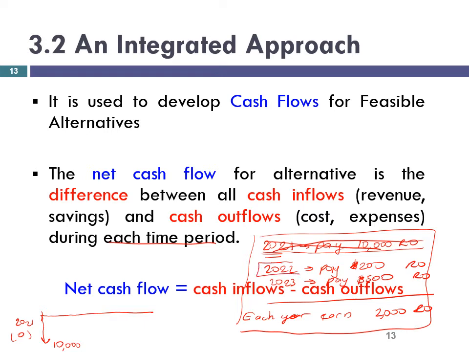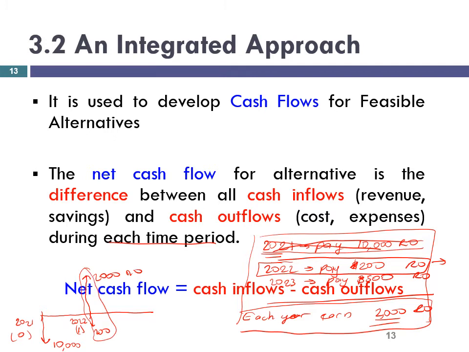Let's have a look at 2022. This is year 1, or year 2022. We are paying 200 Riyals. But it also says that each year, starting from the first year, we are going to earn 2000 Riyals. So when you look at 2022, you are paying 200 and you are earning 2000.